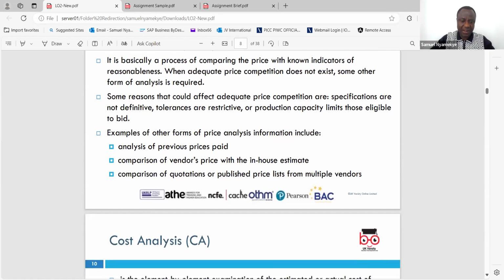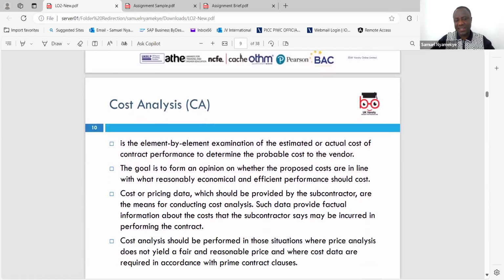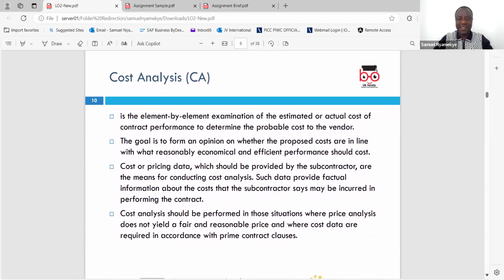When it comes to cost analysis, this is where you take time to look at other factors that go into the cost. It is the element by element examination of the estimated or actual cost of the contract to determine the probable cost to the vendor.